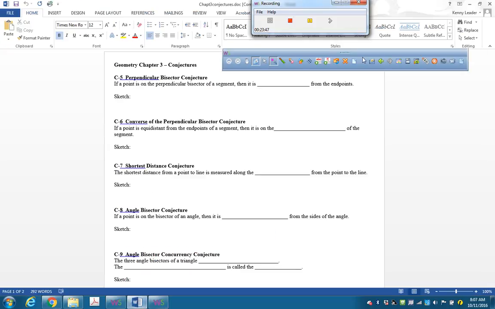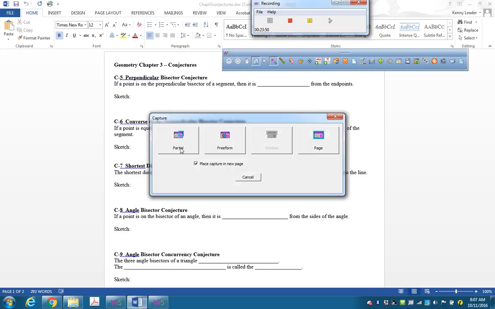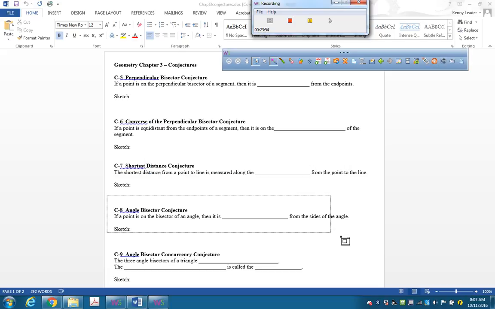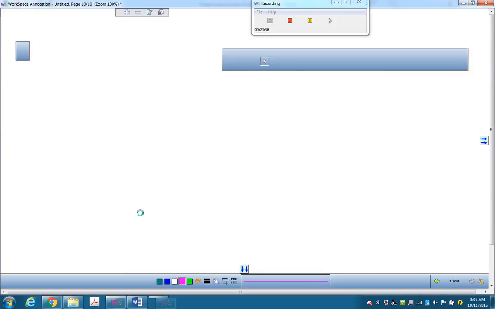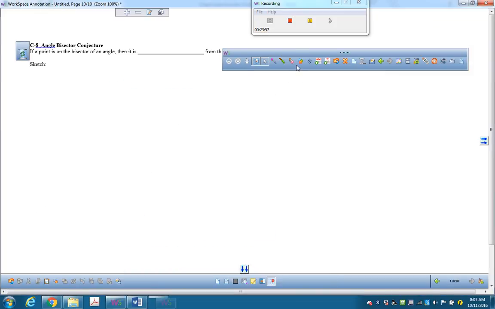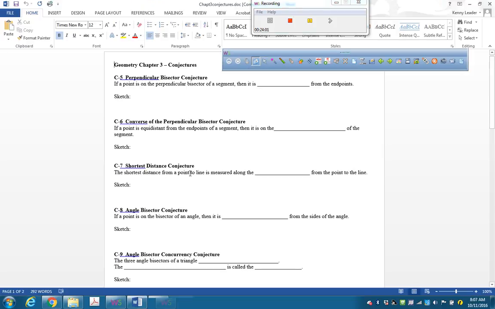It says, let me grab this one. I should probably grab that picture. Let me go back. Can I do that? Never mind.